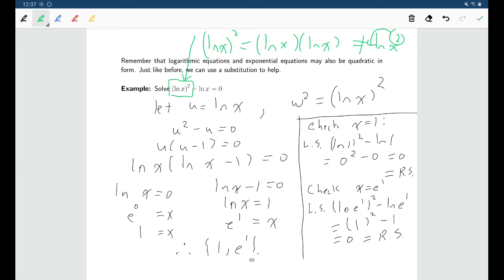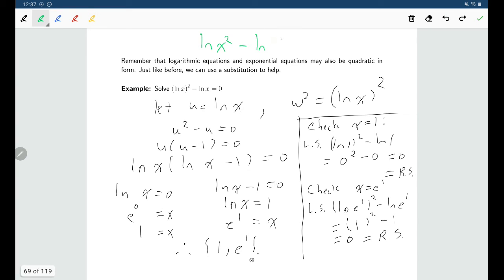The power is on the entire natural log. So I didn't have the option of bringing the power in front. It would have been a different story if I had had natural log of x squared minus natural log of x. Then, in that case, without brackets, the power would just be on the x, in which case it would be fine to bring the power of 2 out front. But that's not what we had, so that's not what I did.